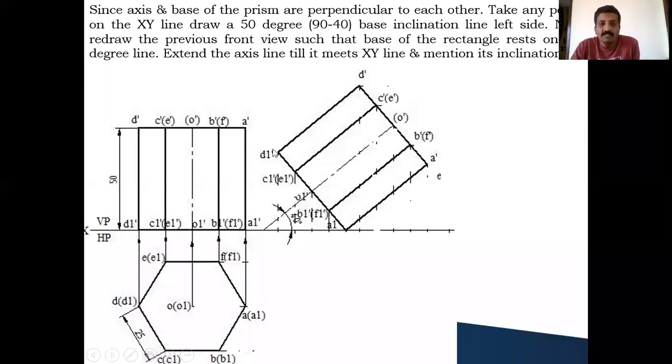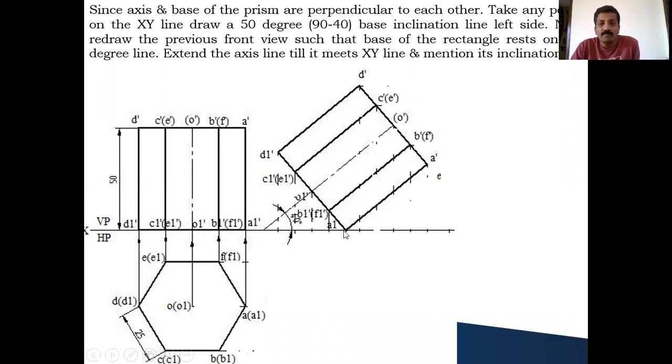Now after completion of this, from all these points which you have transferred here, you draw a 90-degree line to this 50-degree line. So like this, draw a perpendicular line. After drawing a perpendicular line, what is the height of your prism? It is 50 millimeter.